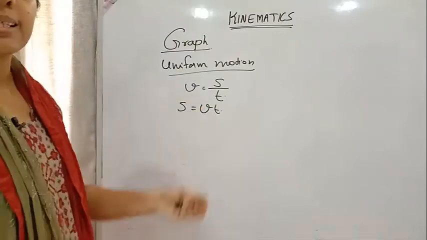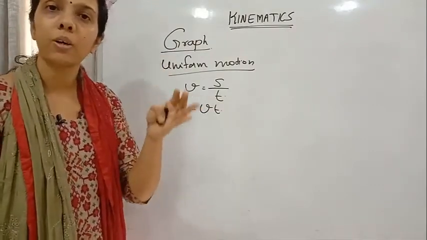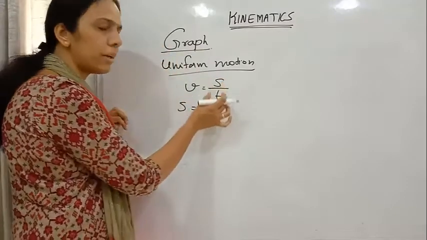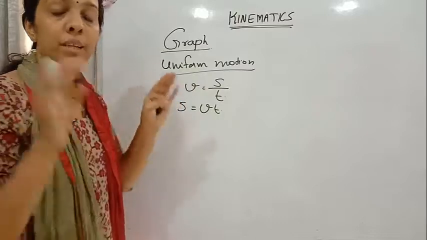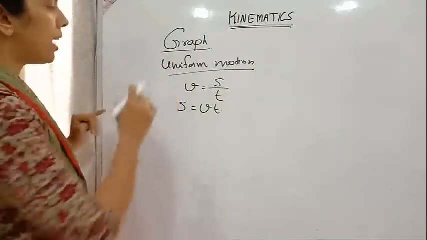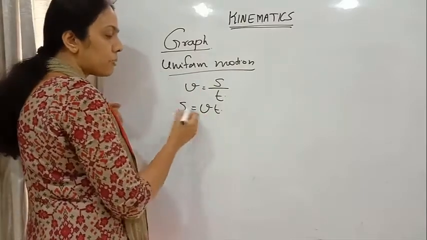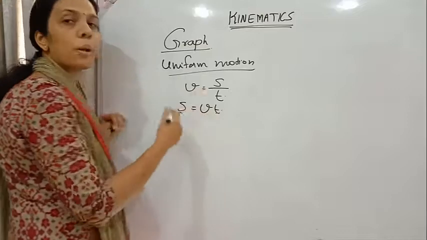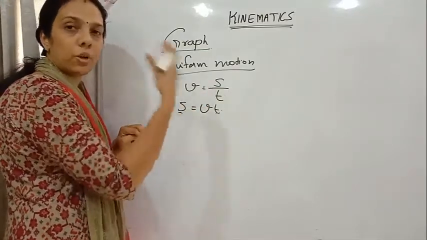In that case, what will be the velocity? Velocity will remain the same because the distance travelled is the same in equal intervals. So velocity equals distance travelled divided by time, and that will be constant.